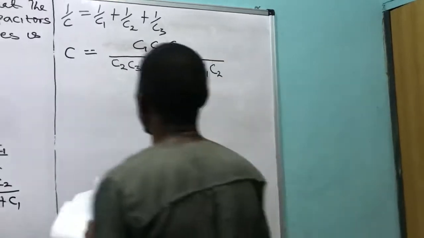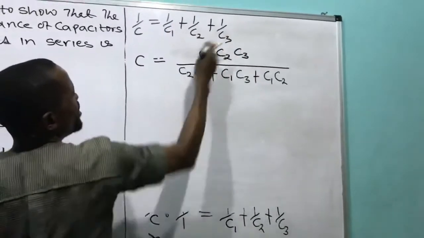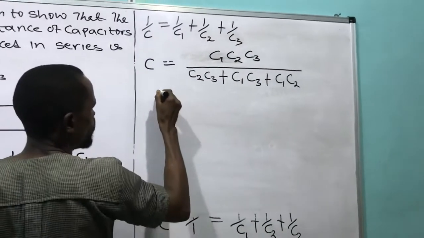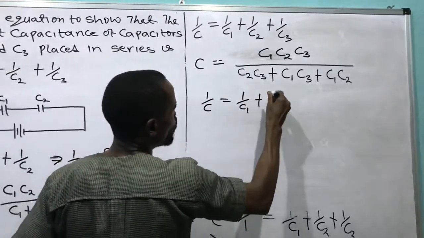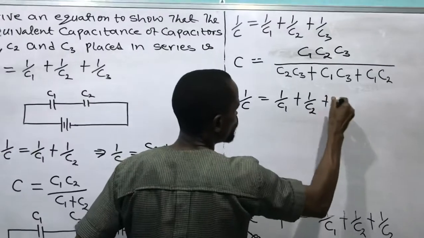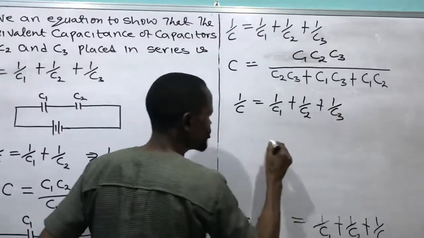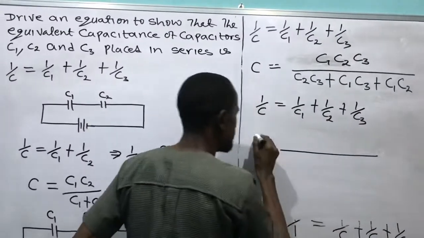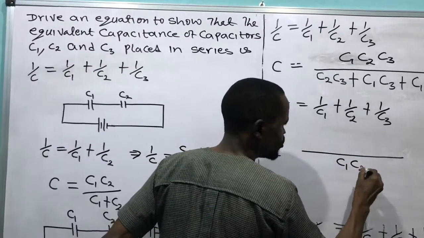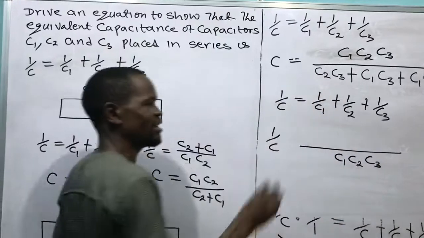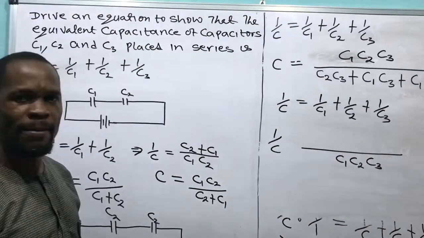Let's see what happened here. Find the LCM of this. 1 over C equals 1 over C1 plus 1 over C2 plus 1 over C3. The LCM of this is C1, C2, and C3.